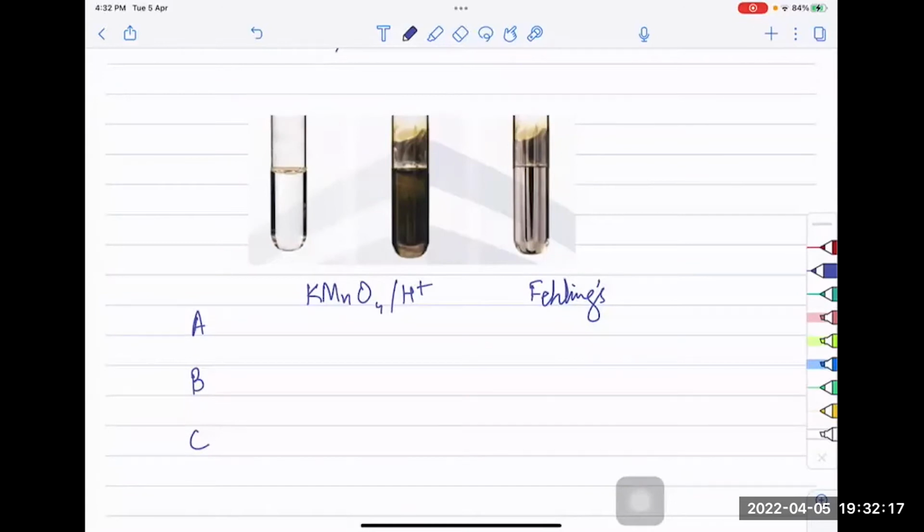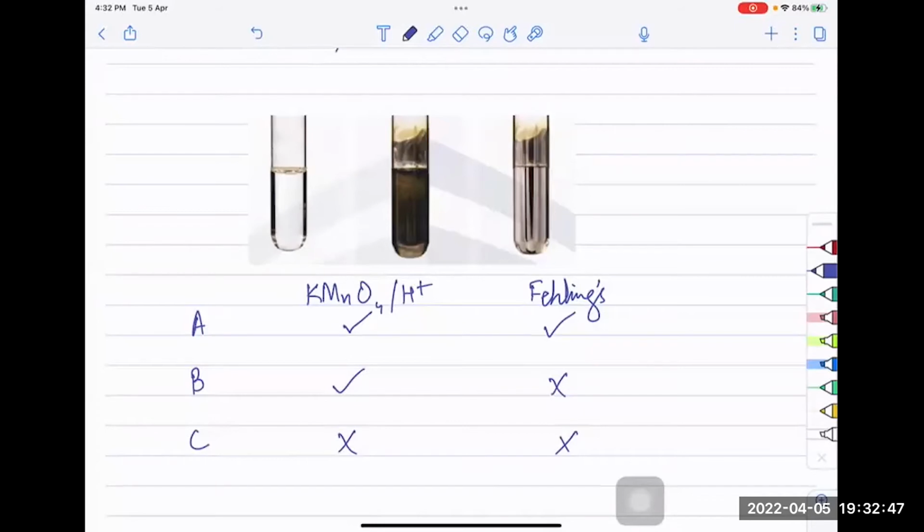With Fehling solution, A oxidizes, and it also oxidizes with KMnO4. B oxidizes with KMnO4, but not Fehling solution, and C oxidizes with none of them. What is A, what is B, and what is C? C is a ketone. C could be a ketone.